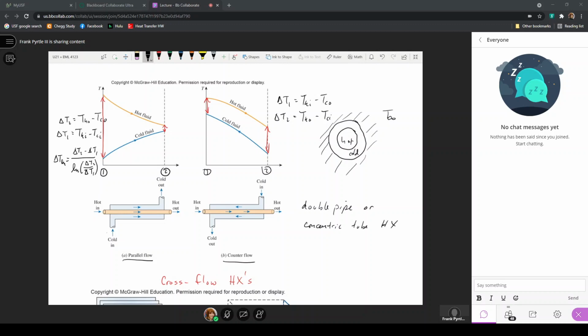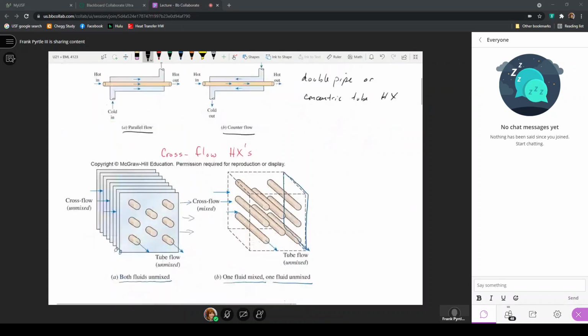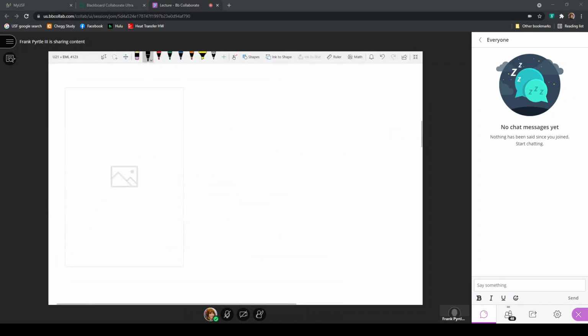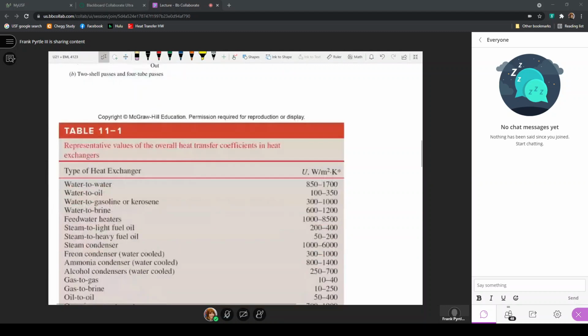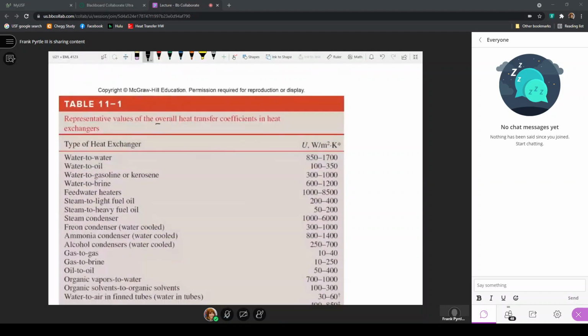Now, this value, the overall heat transfer coefficient, U, I want to just refer here, because we do have to consider that in a heat exchanger, depending on the type of heat exchanger, the heat transfer coefficient for the fluid moving through a tube is a function.